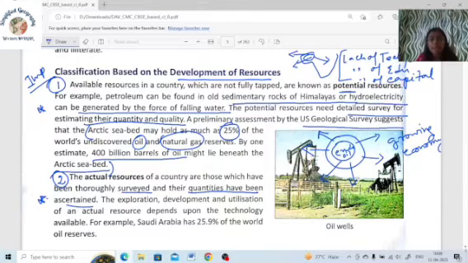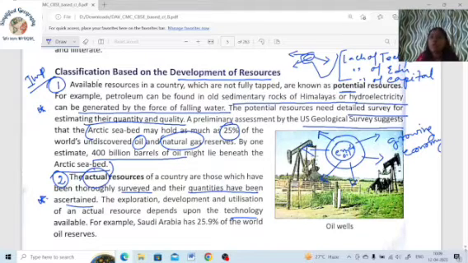So they have ascertained or surveyed the amount of resources they have, as well as the quality, whether it is good quality or moderate quality. They already know it, and then they are exporting this to the rest of the countries with the help of science and technology. They are utilizing the resources and growing their economy. So these resources are known as actual resources.